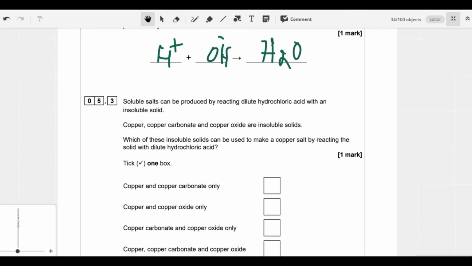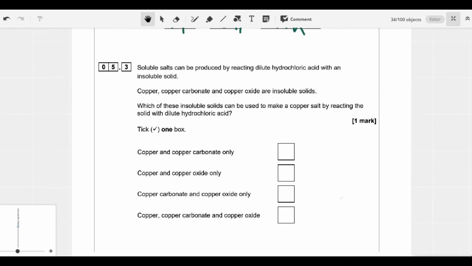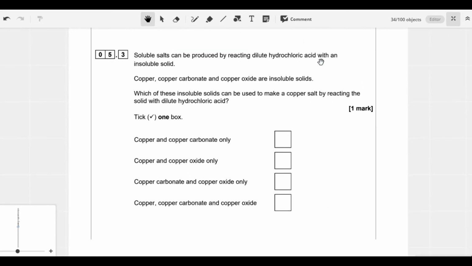And now the next one, soluble salts can be produced by reacting dilute HCl with an insoluble salt. Here copper carbonate and copper oxide are insoluble salts. Which of these insoluble salts can be used to make copper salts by reacting the solid with dilute HCl?